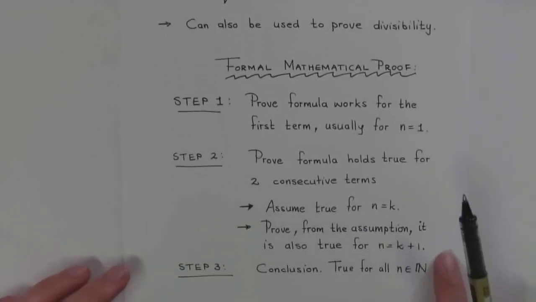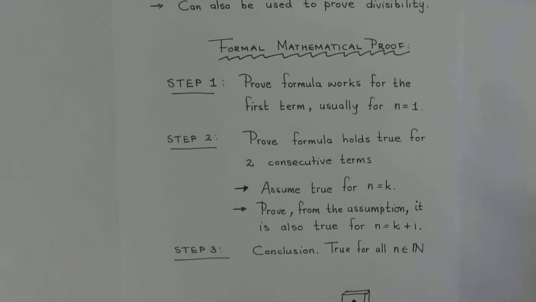Now, first things first, we have to talk about the fact that this is a formal mathematical proof. And because it's a formal mathematical proof, you cannot follow your own steps. You cannot be creative with this. Unfortunately, this is very strict on how you present the proof. It's got very clear steps, and if you do not follow these steps, then it's not mathematical induction.